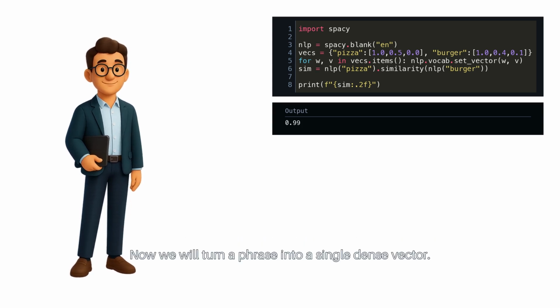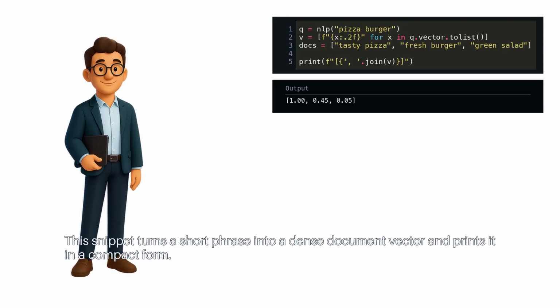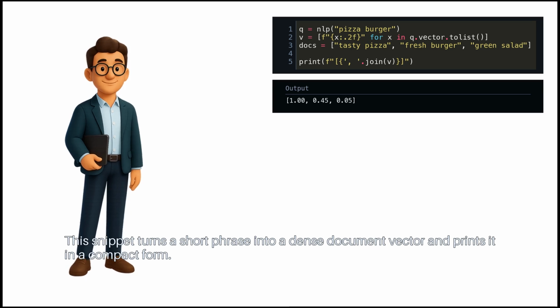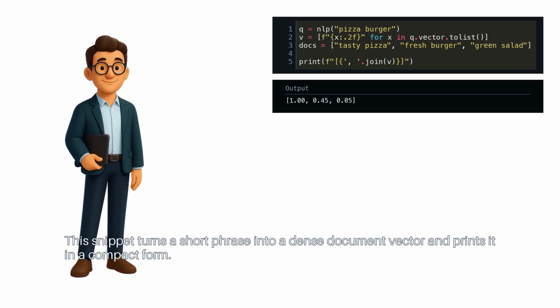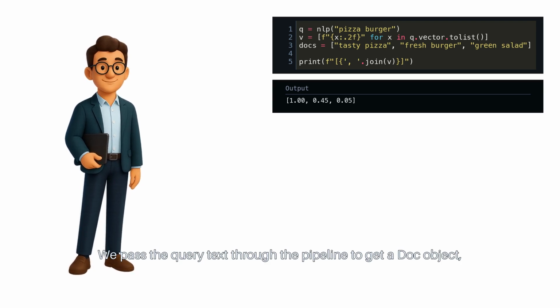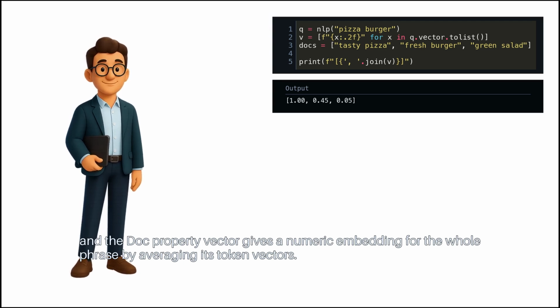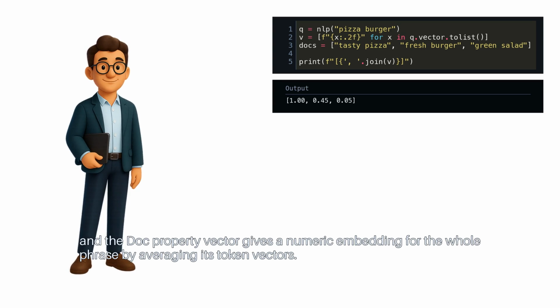Now we will turn a phrase into a single dense vector. This snippet turns a short phrase into a dense document vector and prints it in a compact form. We pass the query text through the pipeline to get a doc object, and the doc property vector gives a numeric embedding for the whole phrase by averaging its token vectors.